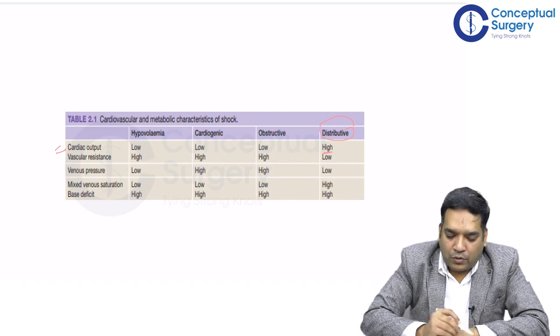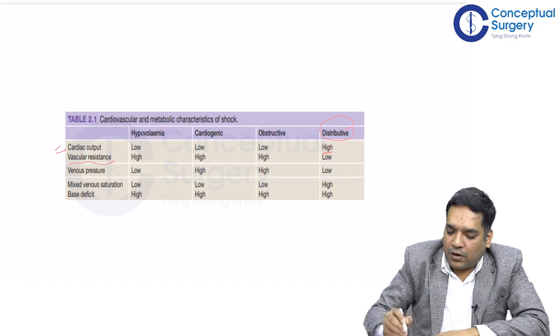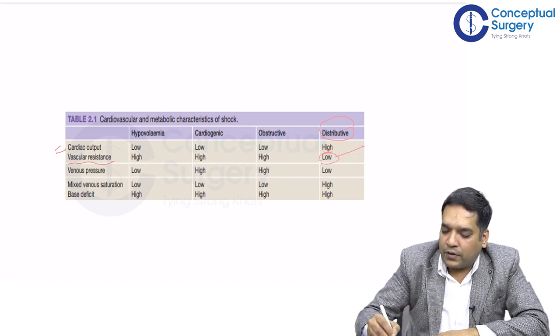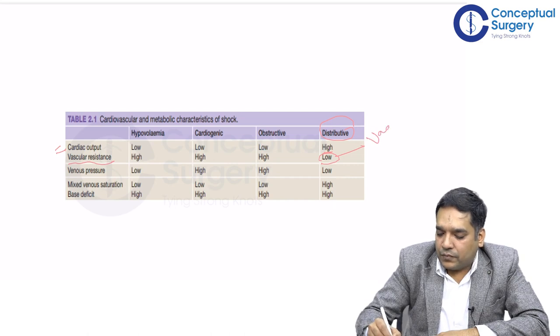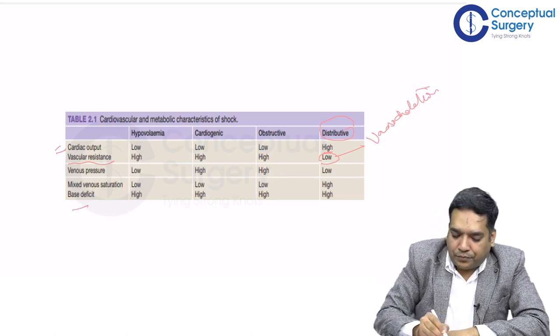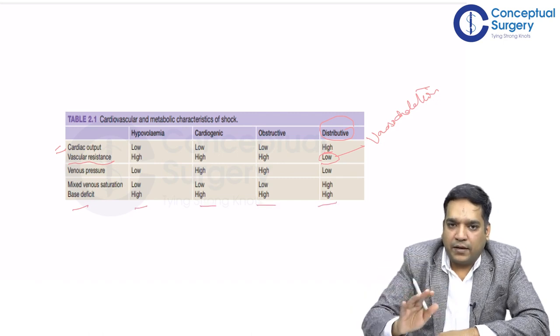And just remember also, vascular resistance is high in each shock except distributive, where it is low. This is because of the vasodilation which is happening in distributive shock, right? Again, the base deficit is high in all because basically it is a low tissue perfusion state, right?